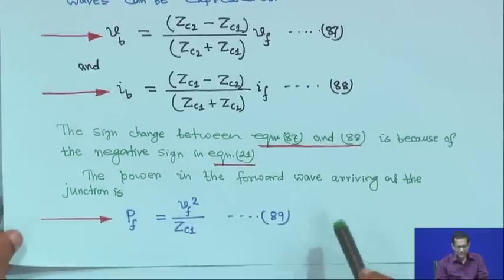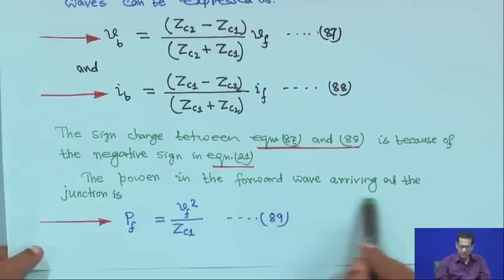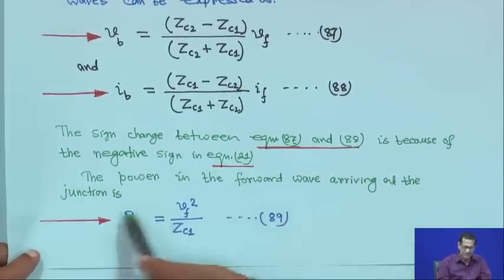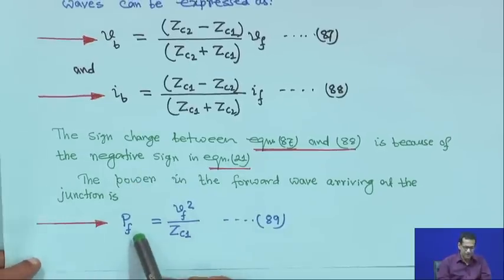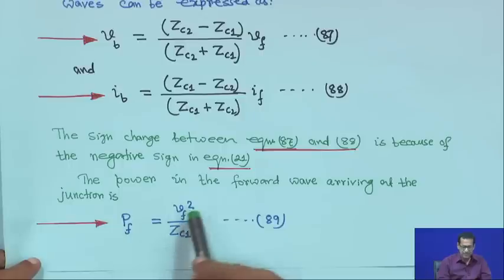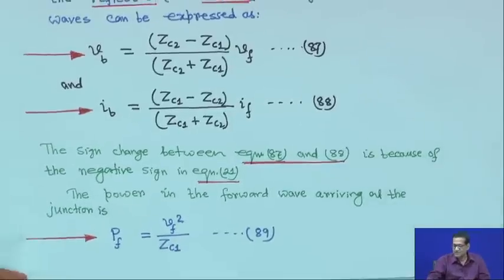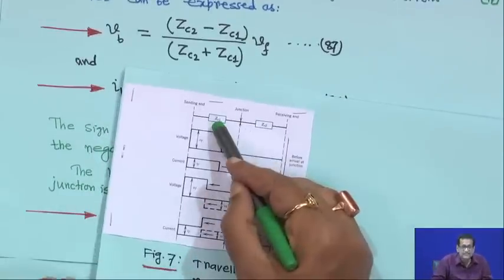Next is the power in the forward wave arriving at the junction. At the junction, the power Pf is equal to Vf square upon Zc1, because this side impedance is Zc1.